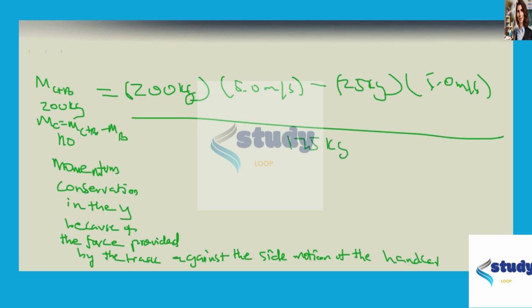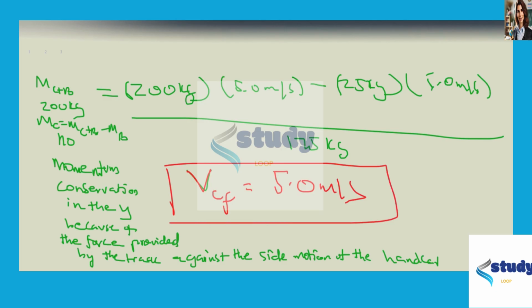So when you plug in those numbers, you get that the final velocity of the car happens to be 5 meters per second. So it's like it never changes, and that makes sense. You're throwing it to the side. There's no impact on the forward motion in the x direction.